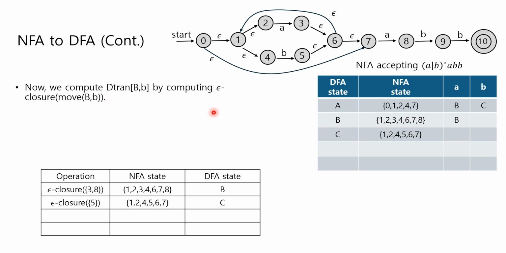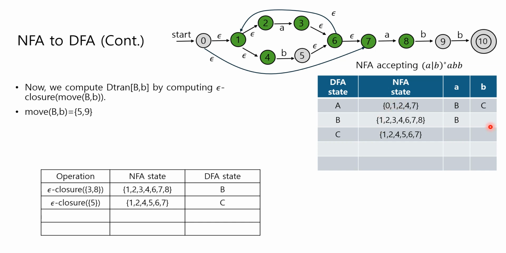compute Dtran[B, b]. The NFA states are 1, 2, 3, 4, 6, 7, 8, and let's first compute move of B on b.